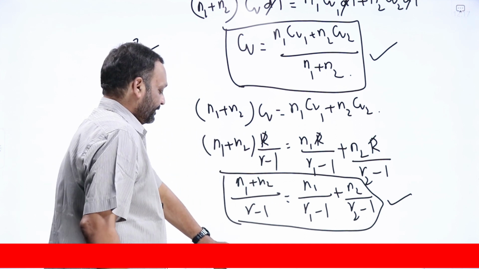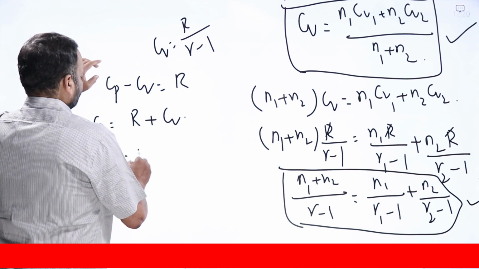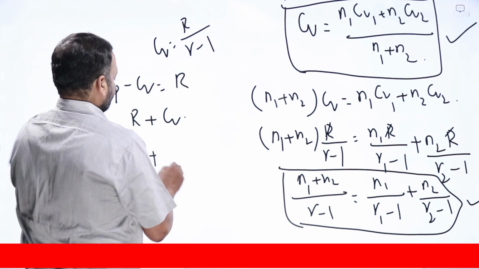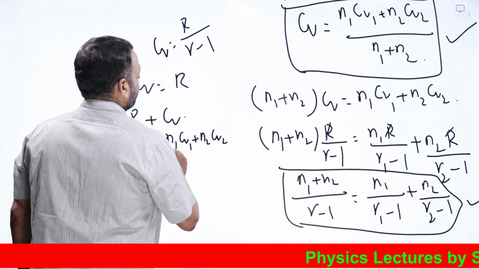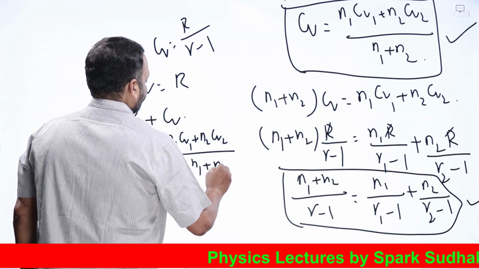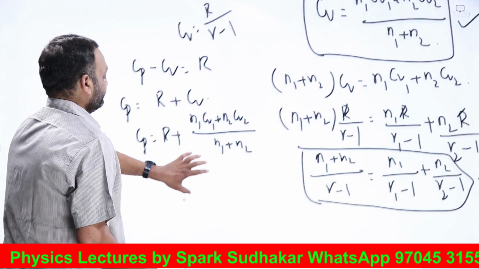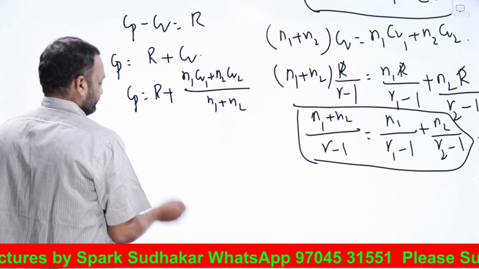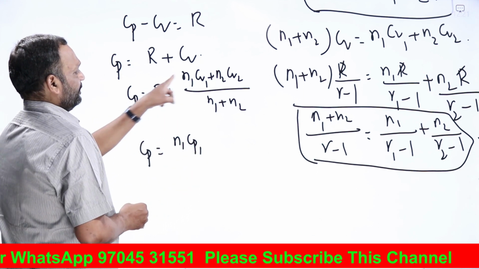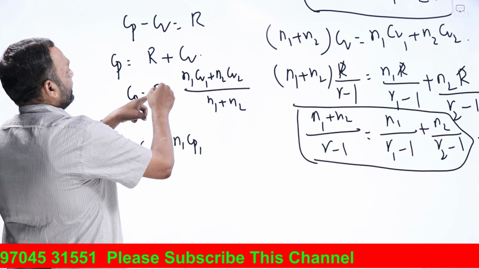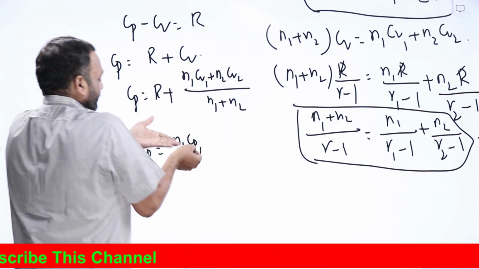It is like this. Cp = R + Cv. So resultant Cp = R + resultant Cv. Resultant Cv is (n1 Cv1 + n2 Cv2)/(n1 + n2). Take out the LCM and simplify. You'll get resultant Cp = n1 (Cv1 + R) + n2 (Cv2 + R), where Cv1 + R = Cp1 and Cv2 + R = Cp2.